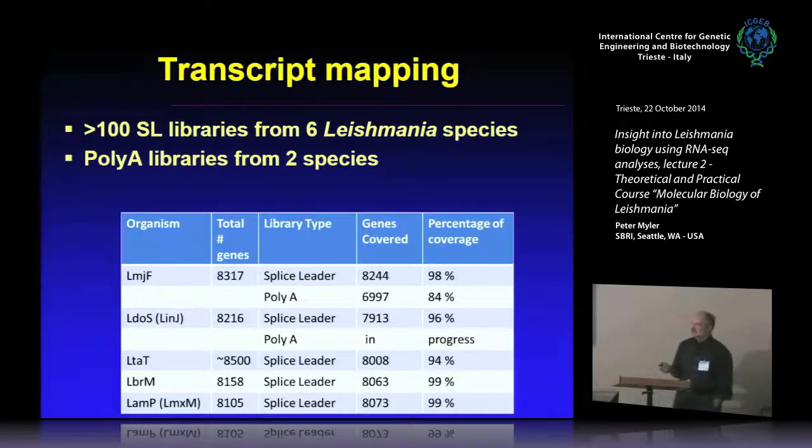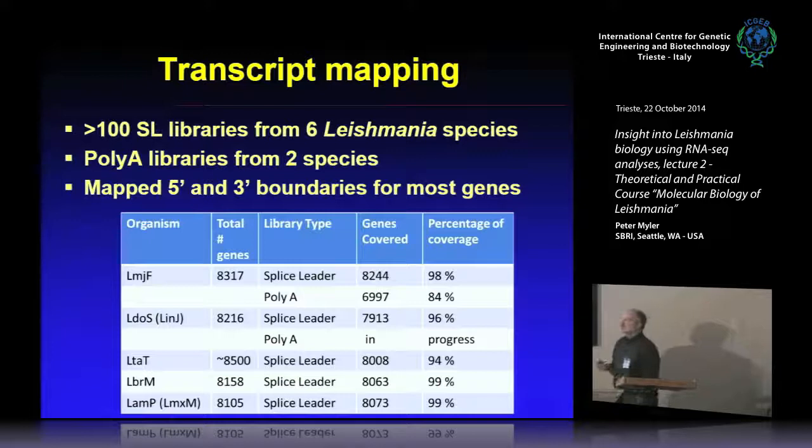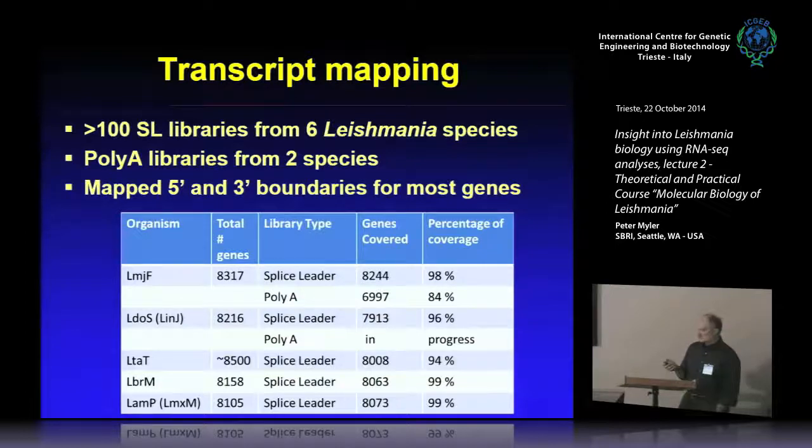But I was interested in finding out whether it would work and actually mapping the 3' ends in these species quickly. And then we made splice leader libraries really from all of these. I've now started to make more fragmented libraries as well. So you really use 3 different types of libraries. But initially, I was making splice leader libraries.